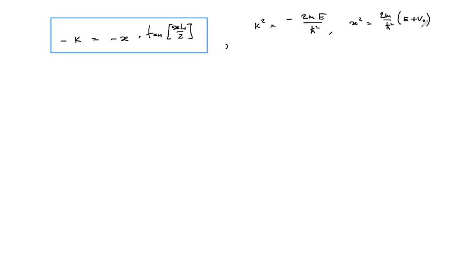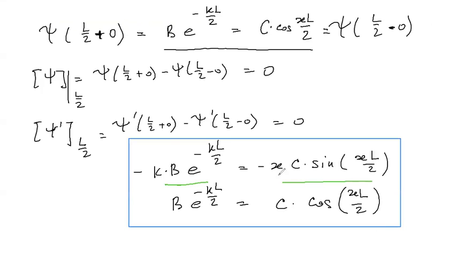So apparently I can try to change energy. If I start to change energy and I don't have a solution, I don't have a solution, I don't have a solution, but maybe at some magic energy, suddenly I can solve this. So there will be some very specific energy for which this equation will be satisfied.